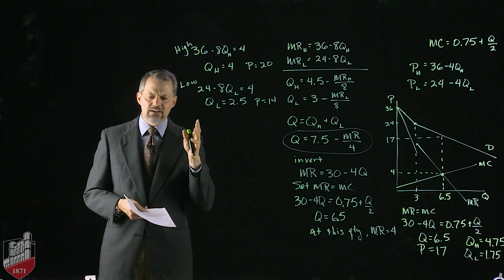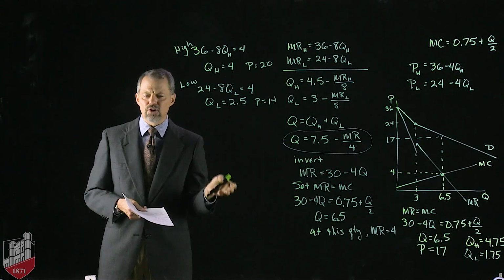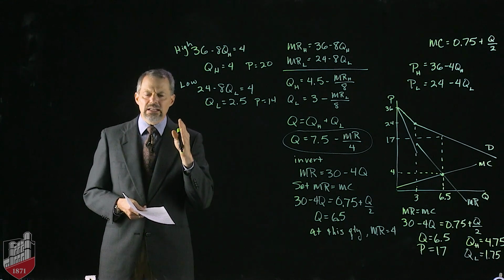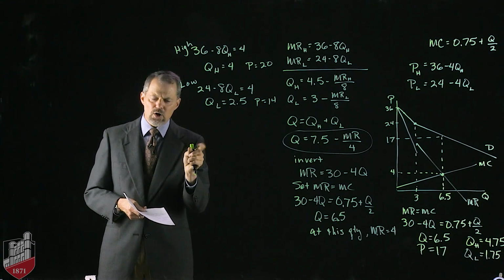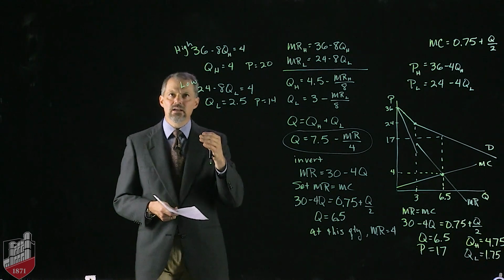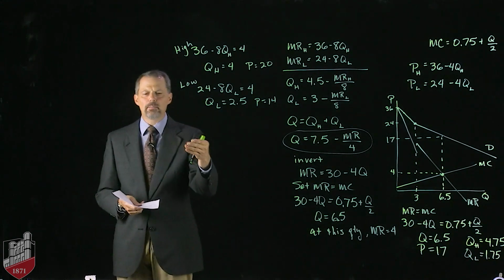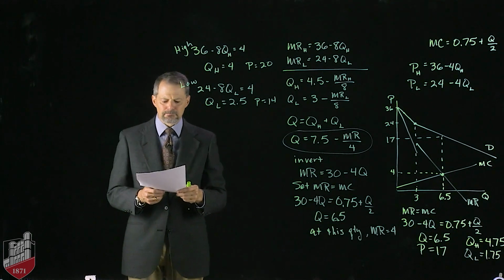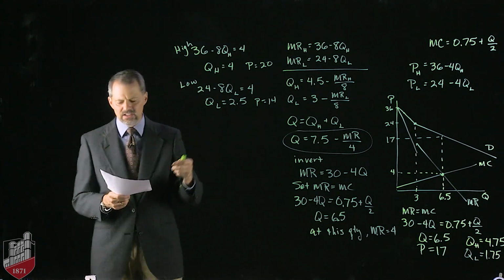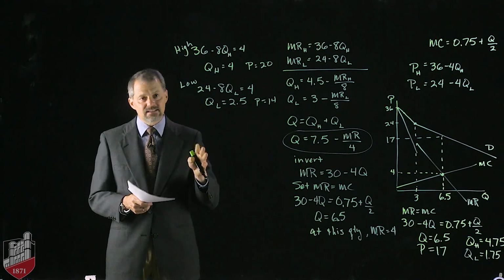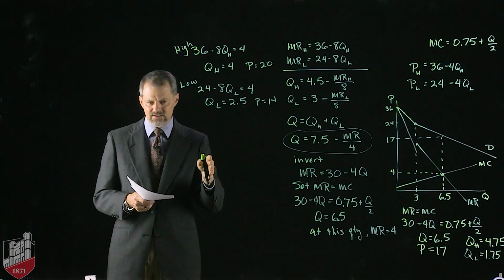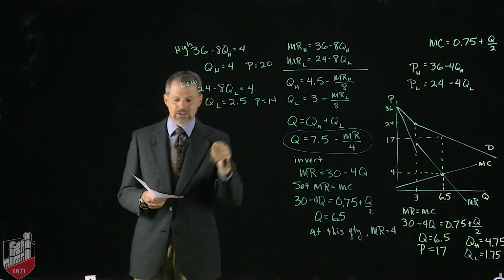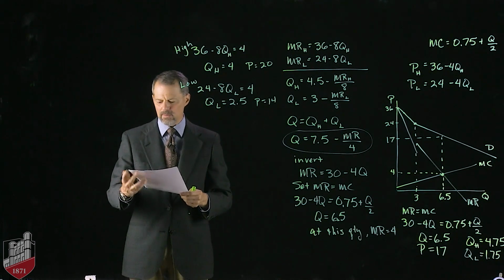So if we have a single price monopoly versus a monopoly that price discriminates, if total quantity in the market goes up, then we can demonstrate that total surplus is increased. Let's say this: it's a necessary condition for welfare to increase relative to a single price monopoly.